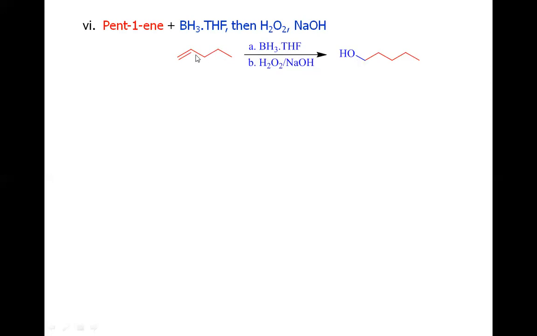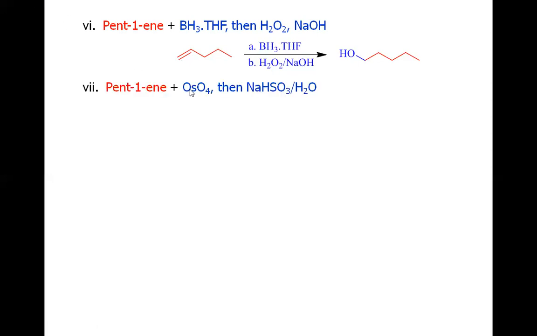So the mechanism is not asked, so that is why I'm not showing you the mechanism. And without mechanism, you cannot grip the wording that I'm trying to communicate. So just accept the fact that in the presence of borane, we have the hydroxy attached to the carbon which has the higher number of hydrogens.